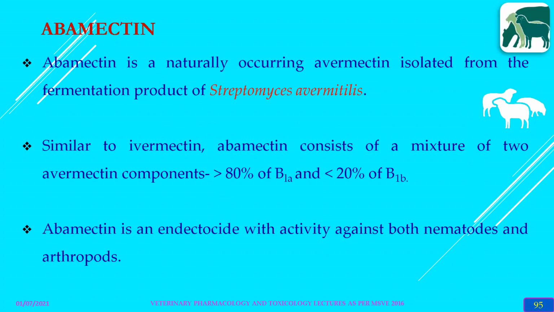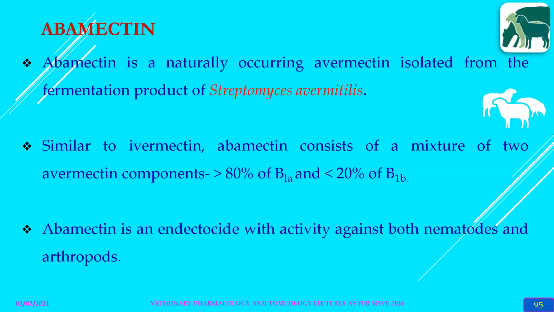All the properties of the drug are equivalent to that of the ivermectin, but it consists of two avermectin components, more than 80% of B1A and less than 20% of B1B, as usual in case of the other avermectins. Abamectin is an endectocide with activity against both nematodes and arthropods. Arthropods, you already know, means the insects which have got 6 legs or more.